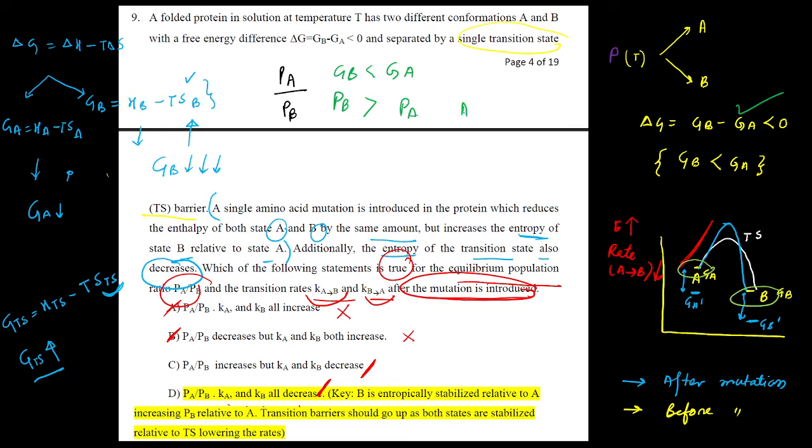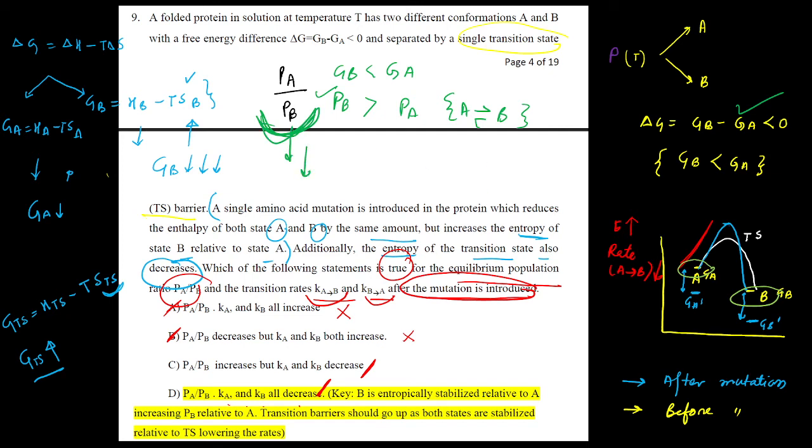The equilibrium will shift to the direction where the stability is more. If the equilibrium constant is high, we say the stability of B is high. If the equilibrium constant is less, we say the stability of A is more. So if the energy of B is less, the population of B is more. So Pa by Pb further decreases after mutation.